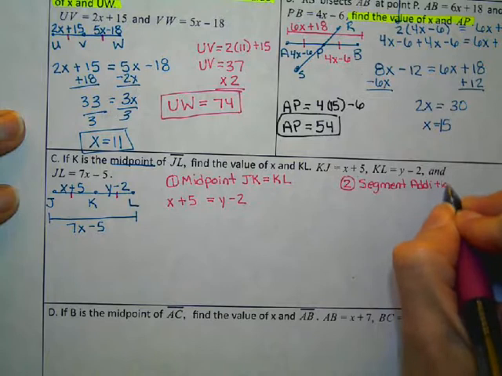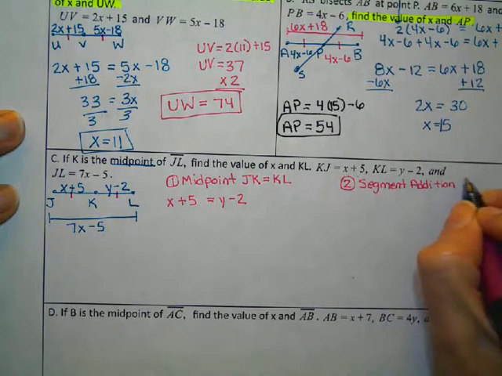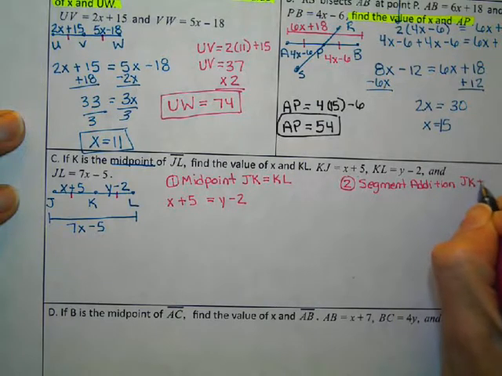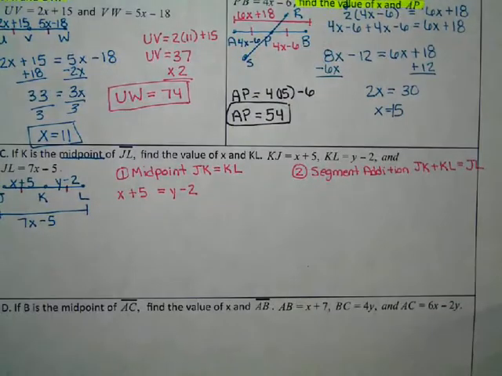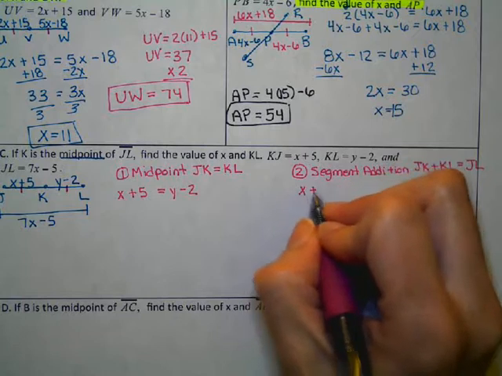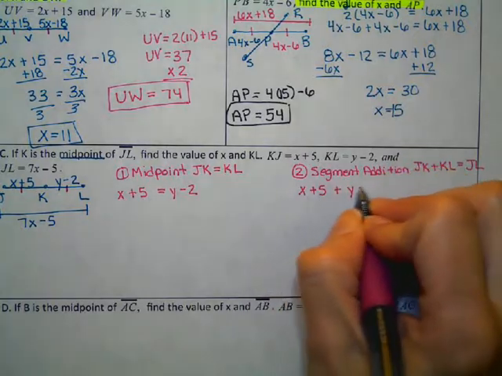So we'll say JK plus KL equals JL. So that would be x plus 5 plus y minus 2 equals 7x minus 5.